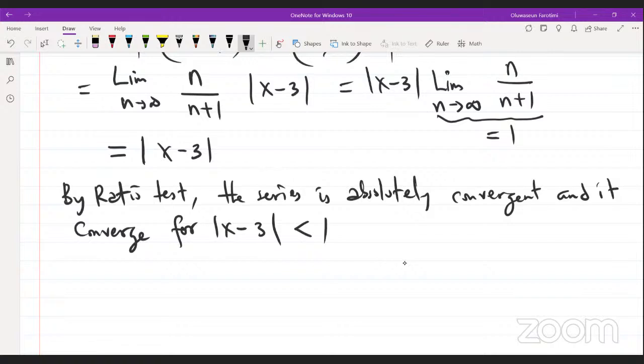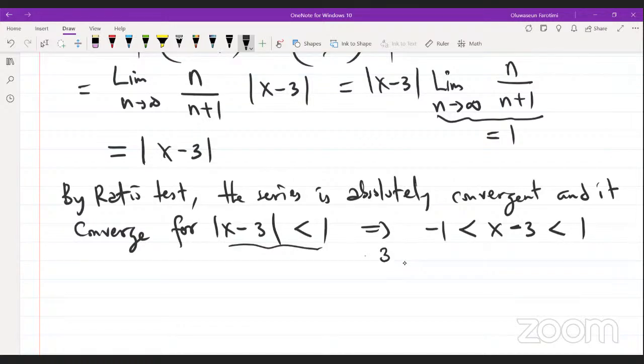If you want to rewrite this, how can I write it? This is the same thing as negative 1 less than x minus 3 less than 1. Now, can I find a way to keep x alone in the middle? Yes. So what do I need to do? Just add 3 to both sides.